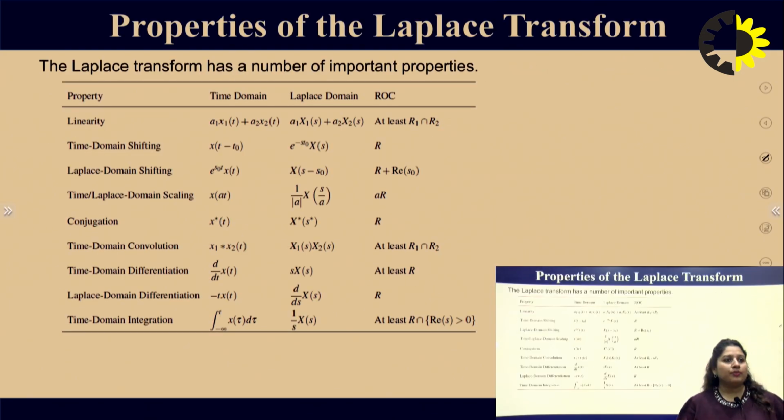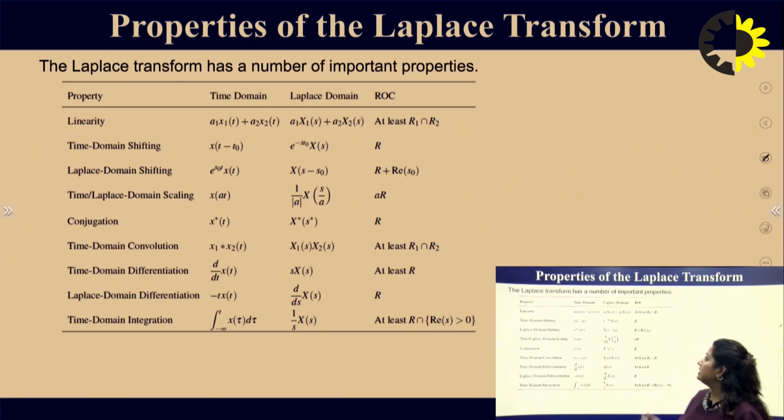So there are some properties of the Laplace transform. These properties are very important to solve numerous kinds of questions based on properties. So the first property is the linearity property. Linearity property, as we have already discussed, follows both the homogeneity and superposition principle.